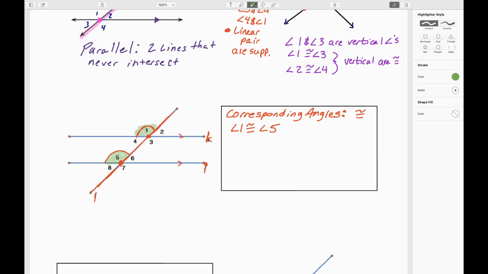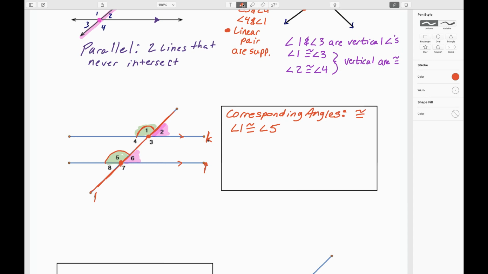Well, then we could look at other versions. So let's look at this one, angle 2. In relation to the vertex, the transversal and the parallel line, it's the upper right. So we go down to this other vertex and we look at the upper right. These are corresponding.